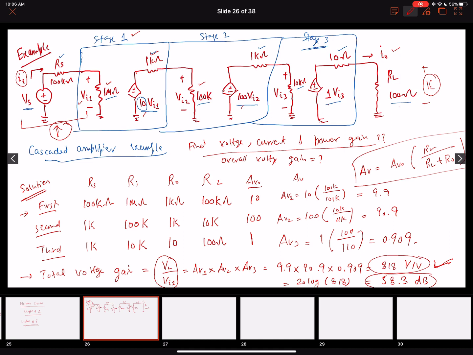For the second stage, the main amplification is happening in the second stage, which has the bulk of the gain, almost 100. And similarly, the third stage of the amplifier has a unity gain. However, it has a very low output impedance that we need to get a good amplifier.